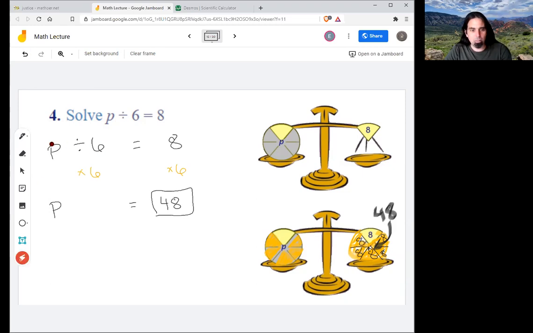So I went from a pizza chopped into 6 pieces, of which only one is left, P divided by 6. That's the same as 8. And then for both of them, I made 6 copies of that. I filled in the circle. And I got that the whole pizza is 48.